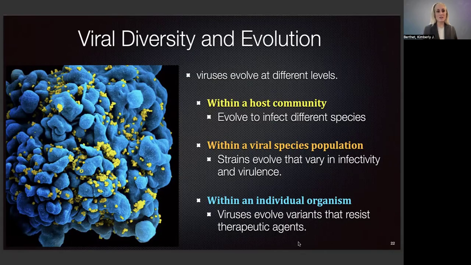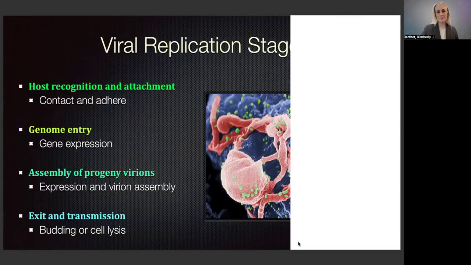So as you take antivirals, natural selection occurs. The viruses that are randomly mutating and can evade these antivirals or evade your immune system will be the ones that survive and pass down. So we see evolution within a host community, within a species population, and even down to the individual. We see natural selection and adaptation occurring.